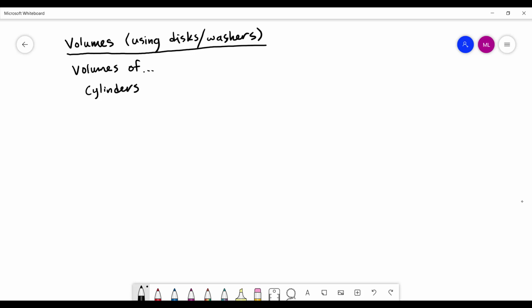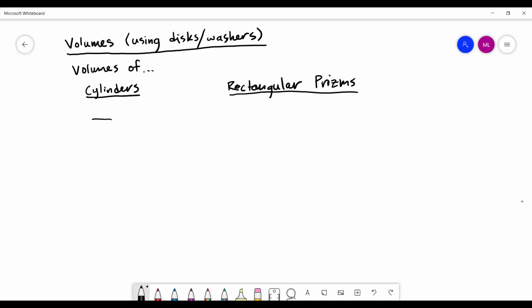And maybe like rectangular prisms. Let's start with these. And is that how you spell prisms? I have no idea how to spell prisms, apparently. Okay, so we've got our cylinders and our rectangular prisms.